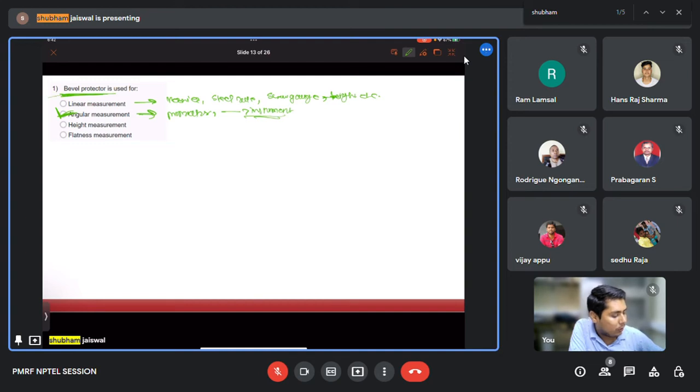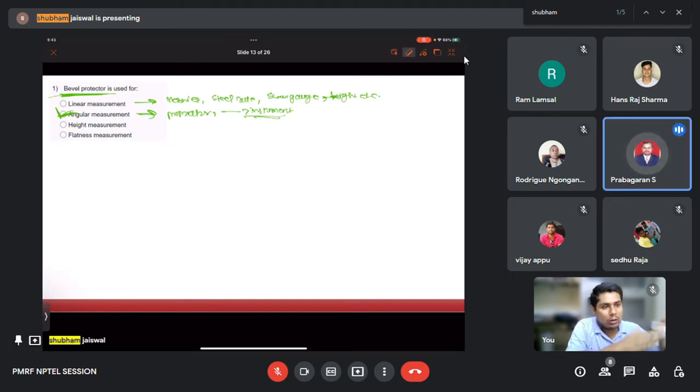Some people say that we can measure flatness also. But that is wrong, because in a bevel protractor the steel rule acts as the frame of reference, and only using that can we measure the angle. If we keep it on that surface, it will wear out and the angle accuracy will be lost.